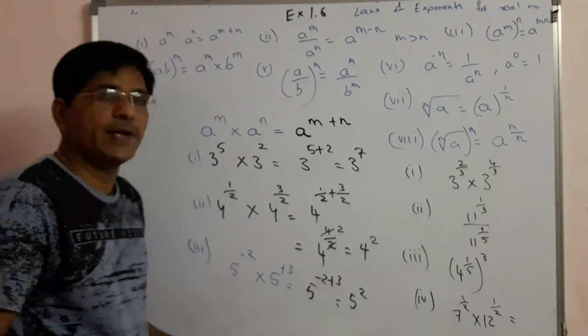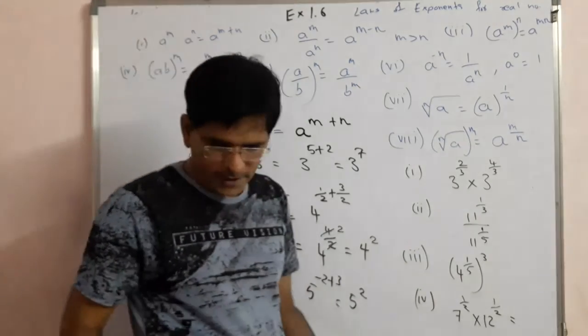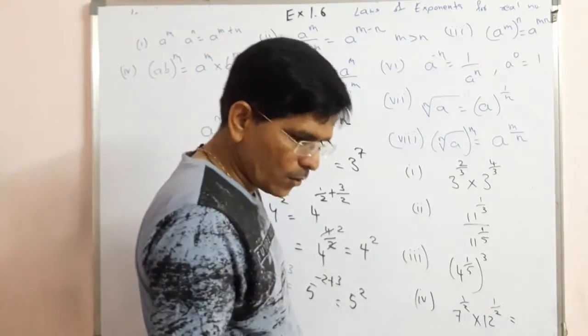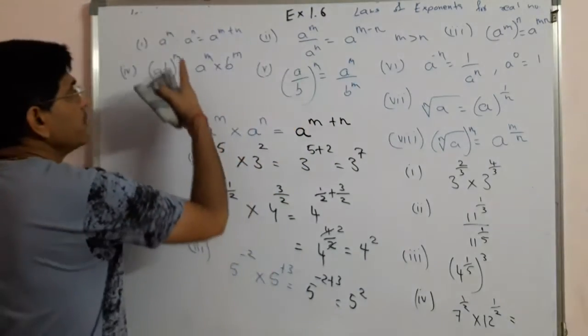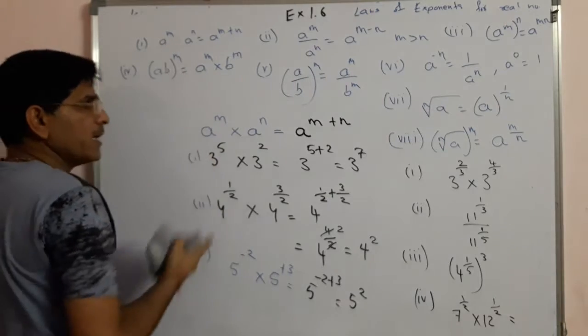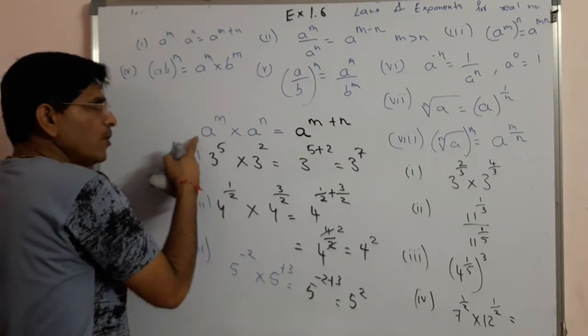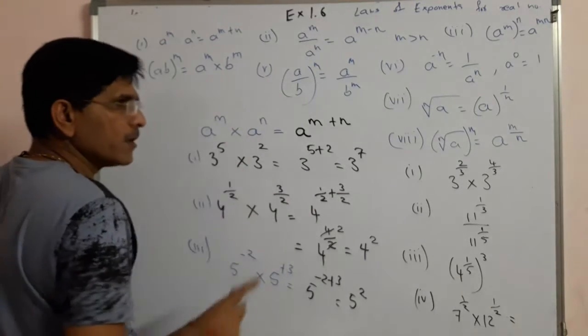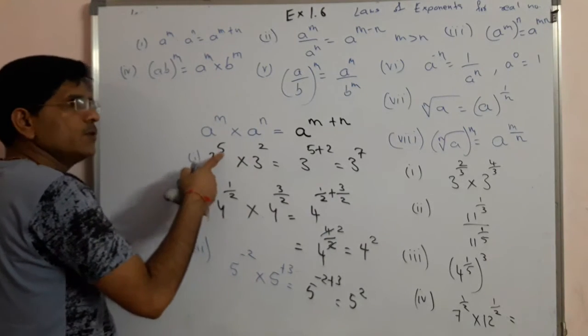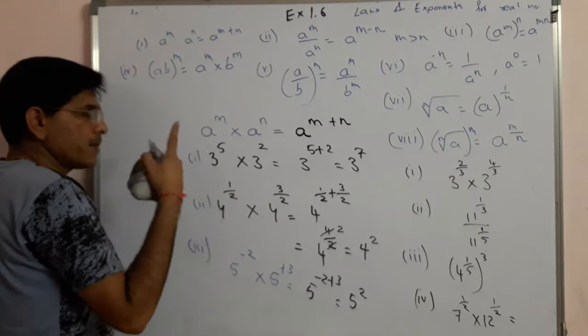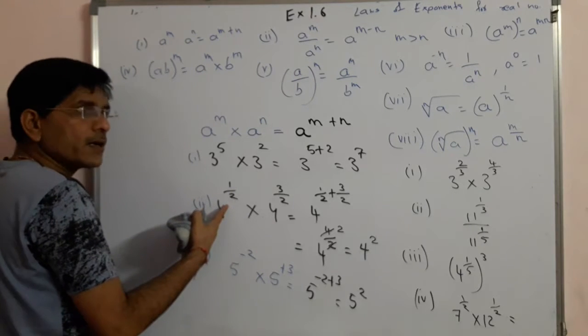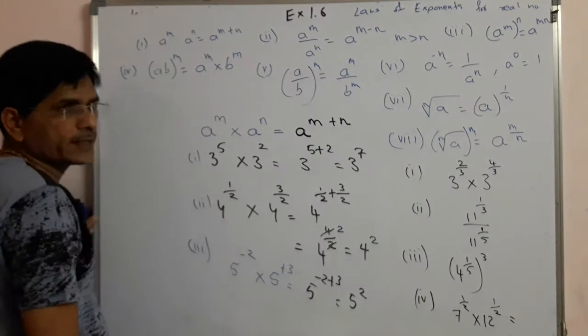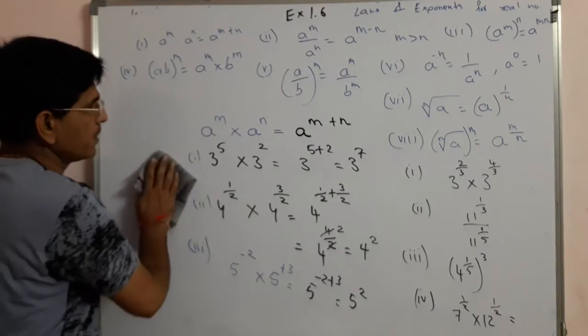You can also write 25. So that is related with the law of exponent, and the first law is the law of multiplication. In the law of multiplication you just have to add the power. The power can be positive, negative, or in the form of a rational number, that is p upon q.